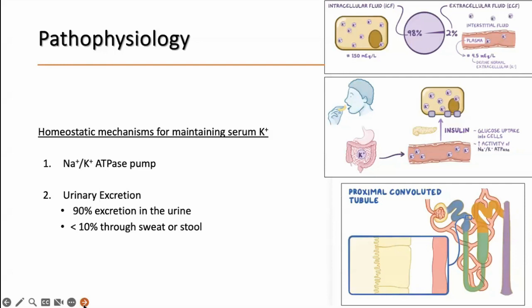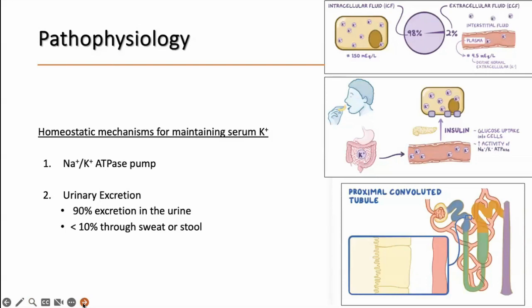The two major homeostatic mechanisms are, the first being the sodium-potassium ATPase pump, and this buffers extracellular potassium against its large intracellular pool, and is stimulated by the secretion of insulin following a meal, which then stimulates glucose uptake into the cells, and also increases the sodium-potassium ATPase activity.